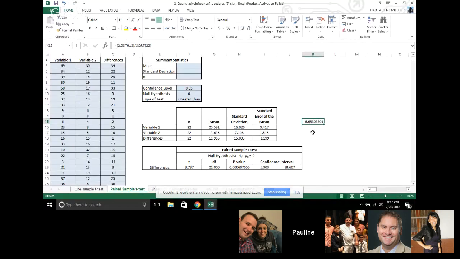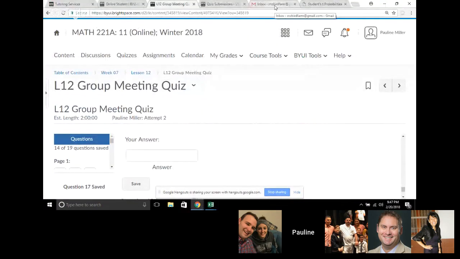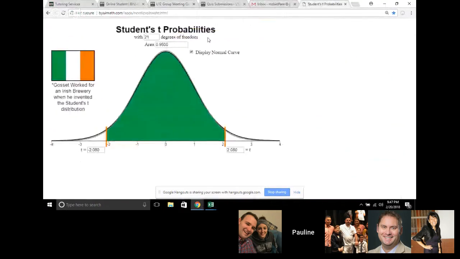So it's T instead of Z. T like in Tom. T times the SD, the standard deviation of the difference, divided by the square root of n. Same thing, it's just a T instead of a Z. And we get that T from putting that up here like that.